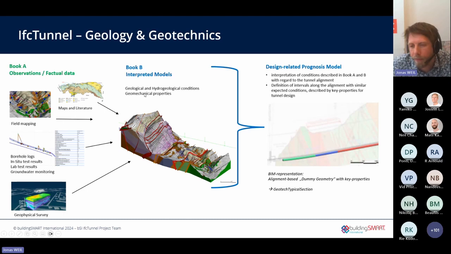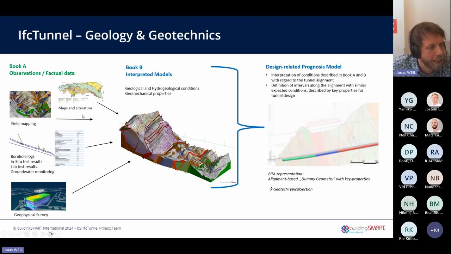Of course, the interface is not always clear. There's always a certain interpretation included in the observation, but we need to express this somehow in the model or to structure our model accordingly. So factual data typically include all kinds of geotechnical testing, field mapping.